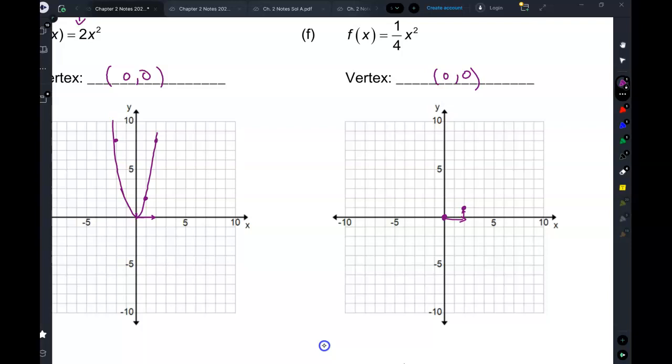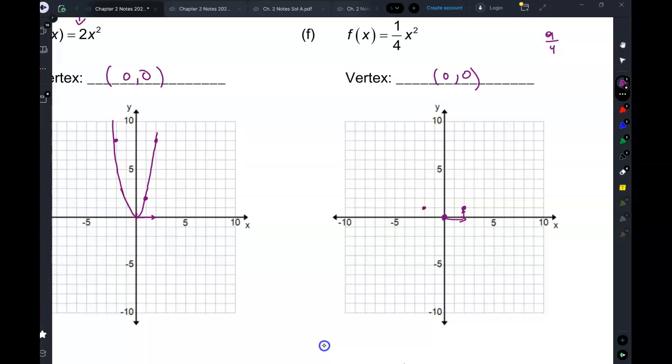And then if I go over 3, normally I would have gone up how much? 9. Now it should be 1/4 of that, so 9 over 4, right? Which is I don't know what that number is. So I don't have to put that number. Usually 3 points total is enough.